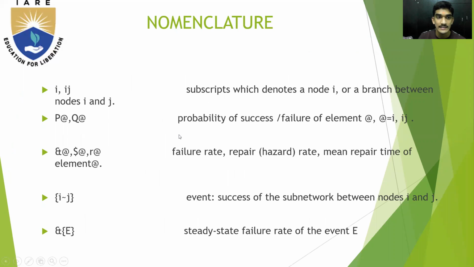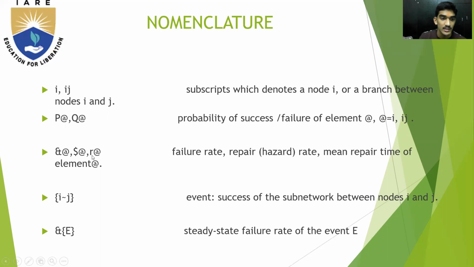Next is nomenclature. Subscript ij denotes a node i or a branch between nodes i and j. P and Q are the probability of success or failure of element a, where a is equal to ij.